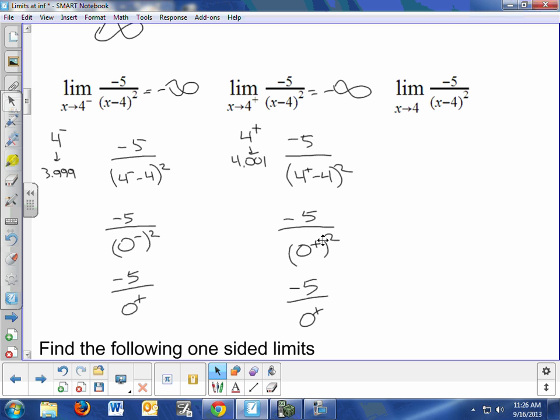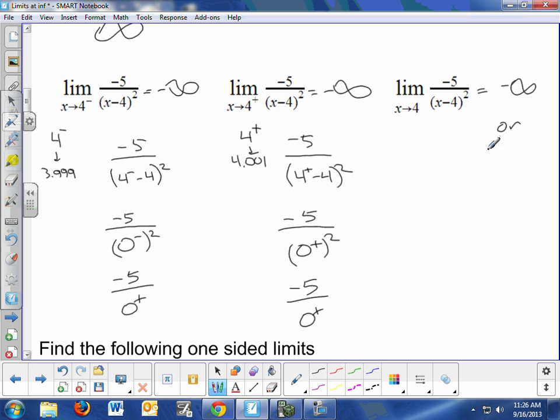And it's the same thing over here, only we'd be approaching 0 from the right, something extremely small. Squaring that, it's still something extremely small from the right that's positive, so the result is negative. Now for this one, you could say that the limit as x approaches 4 in general of this is negative infinity.